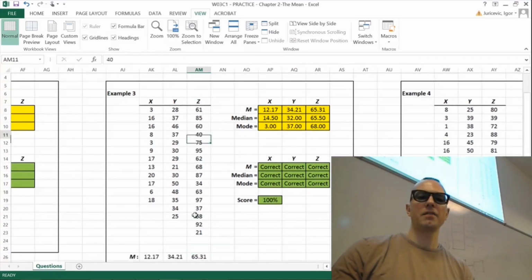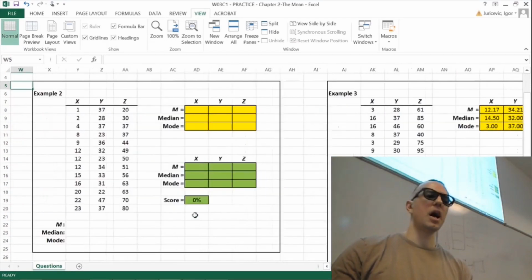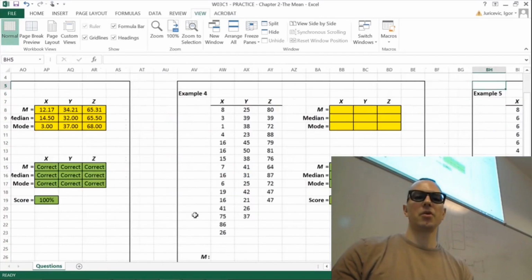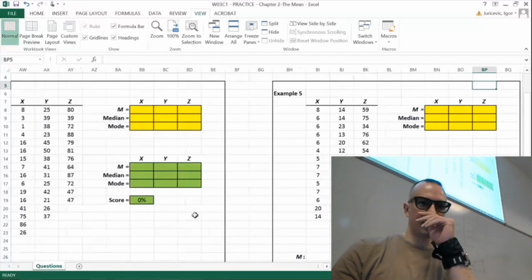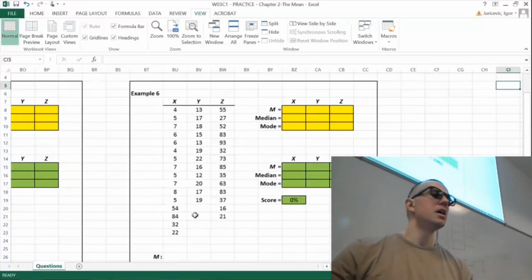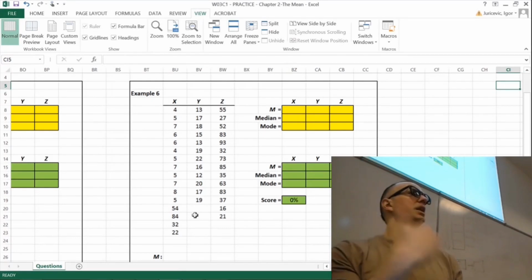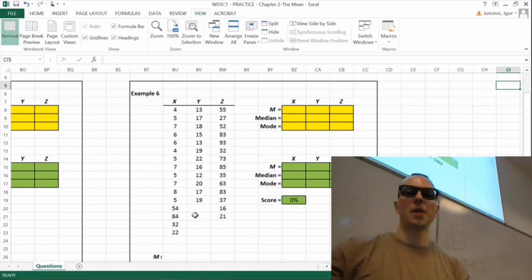So you have the easy version of the copy and paste practice in example number 2, and then a couple of more challenging ones in examples 4, 5, and 6. So this will be also practice in calculating the mean, median, and the mode using copy and paste. So I encourage you to do that.